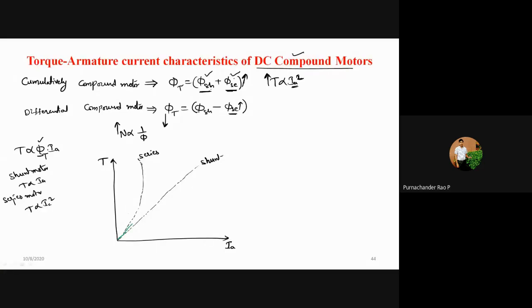So if you take the cumulatively compounded motor, this is your characteristics. So this is for the cumulative compound motor, and this one is for a differential compound.